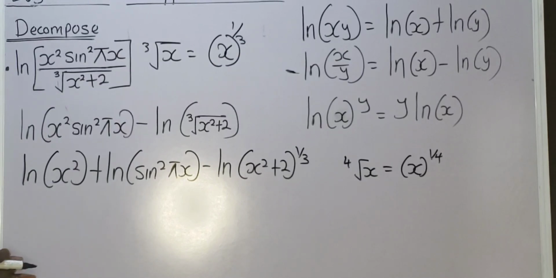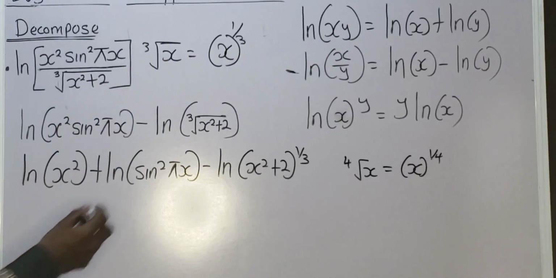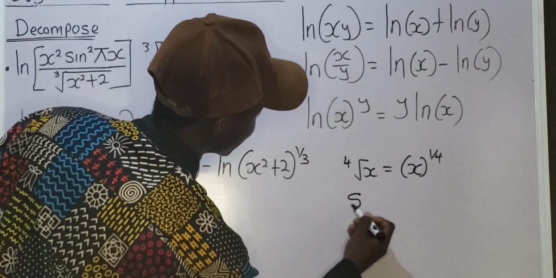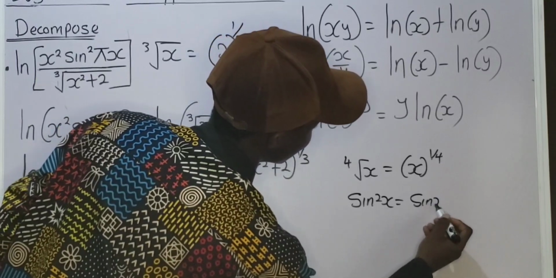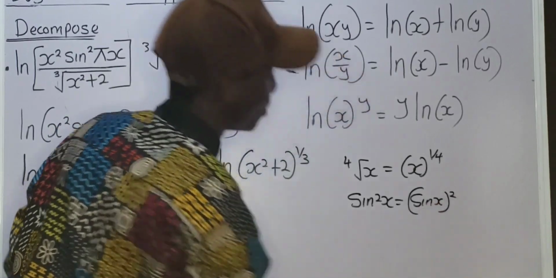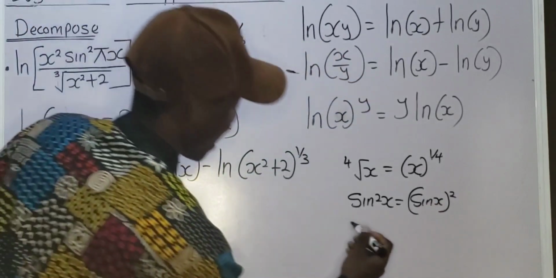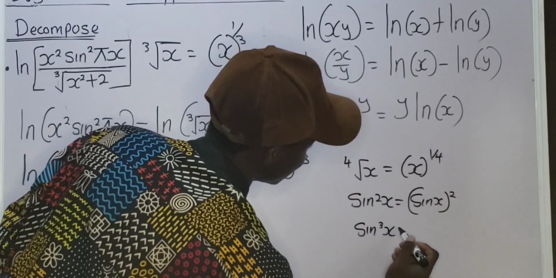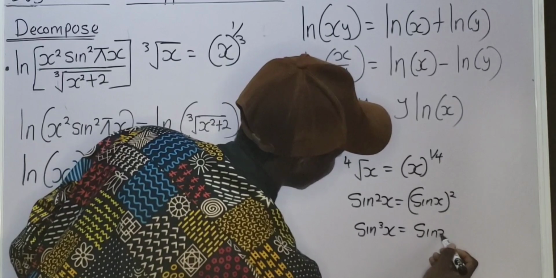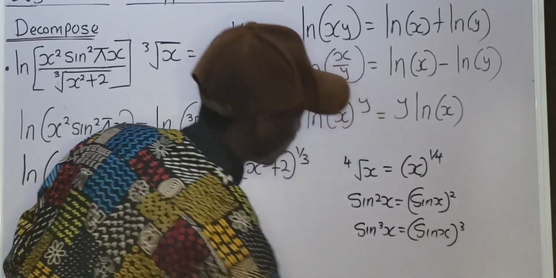Now, for your basic trigonometry, if you have sine square x, it can be written as what? Sine x raised to the power of 2. Do you understand? And if you have sine cube x, it can be written as what? Sine x raised to the power of 3. You understand?